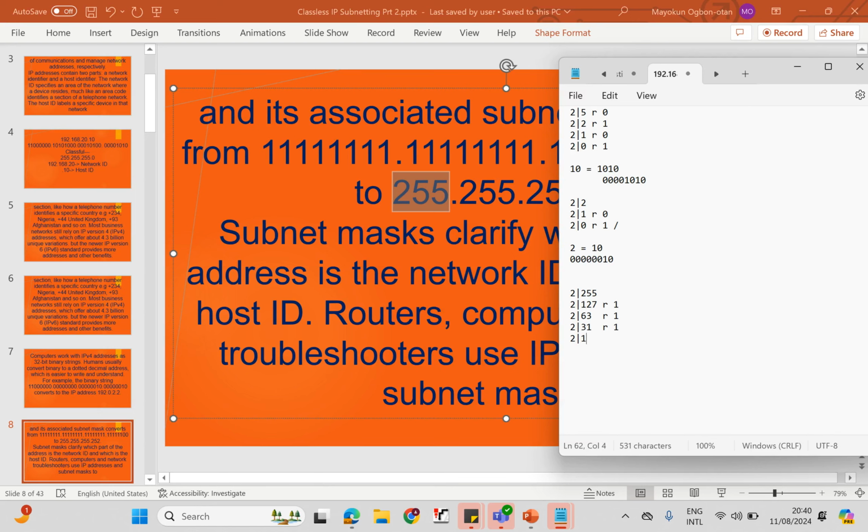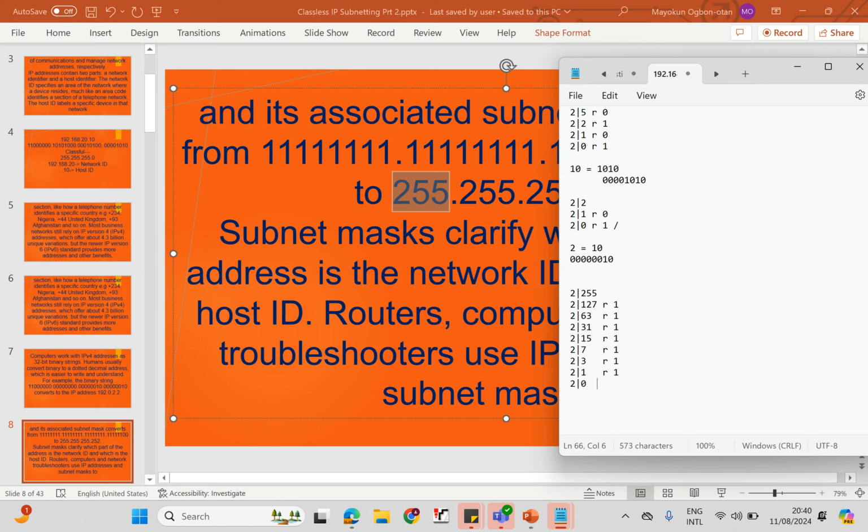In 11, it's 5, remainder 1. 2 goes in 15 is 7, remainder 1. 2 goes in 7 is 3, remainder 1. 2 goes in 3 is 1, remainder 1. 2 goes in 1 is 0.